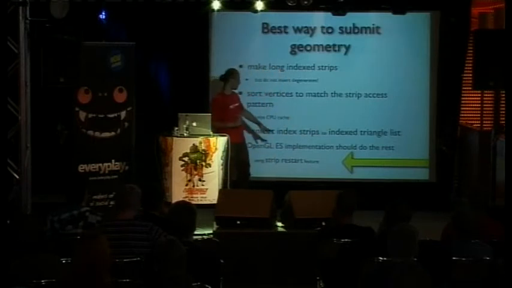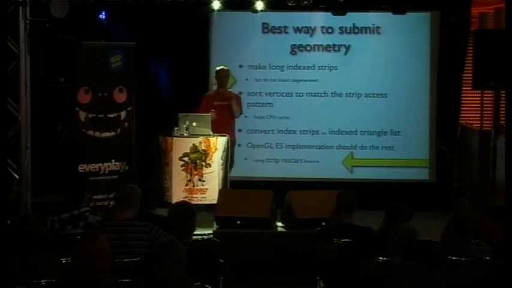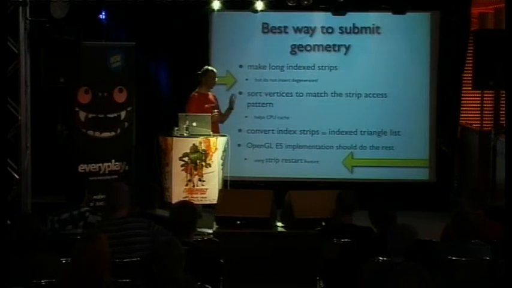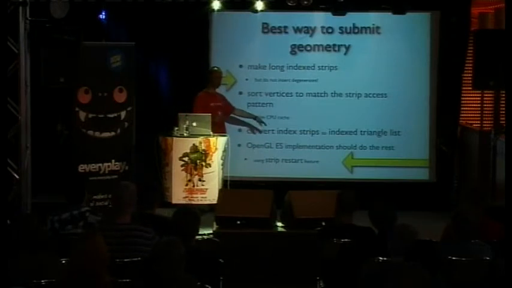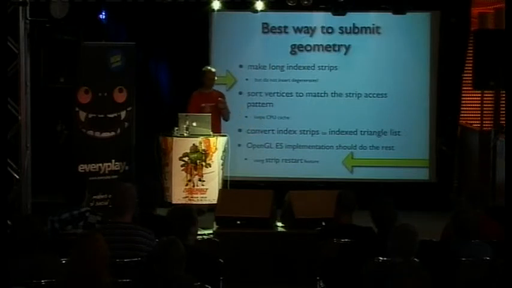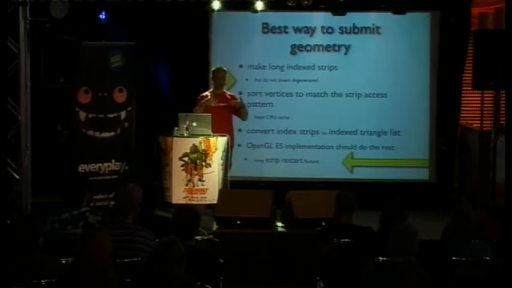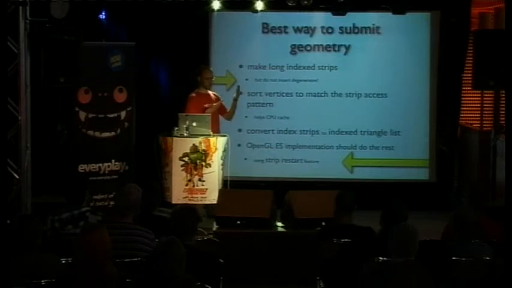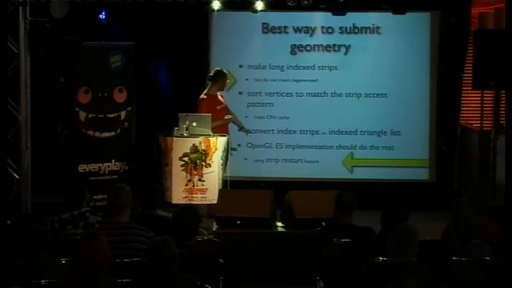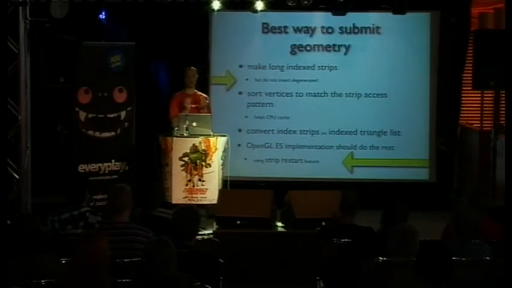If it sees that they are reusing the previous two, like the triangle list is actually a strip inside, it will convert it to a strip. And once it finds a place where two triangles are not connected, like not in a strip, it will put the restart in there.